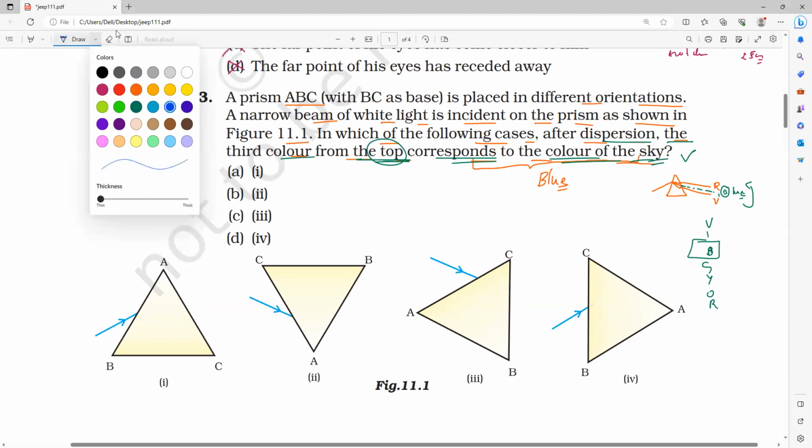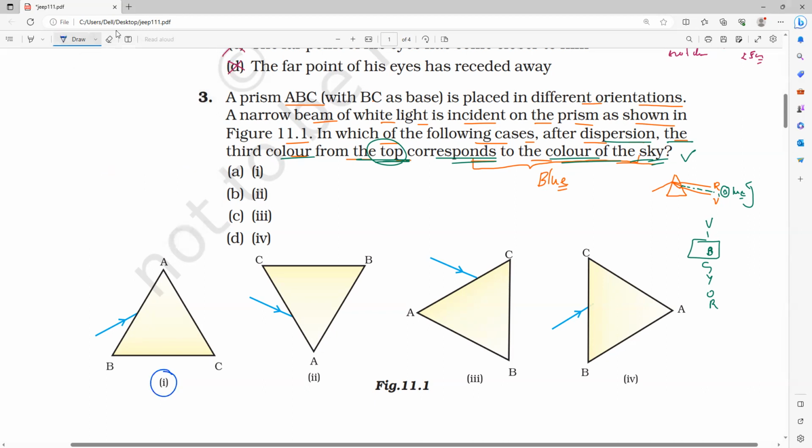What is the position of the prism they are asking? 1, 2, 3, 4. If I put A, I will get blue as the third color only from the bottom. Blue, indigo, violet. Yes or no? Please respond, all of you. So it goes violet to red, so the first one is wrong.